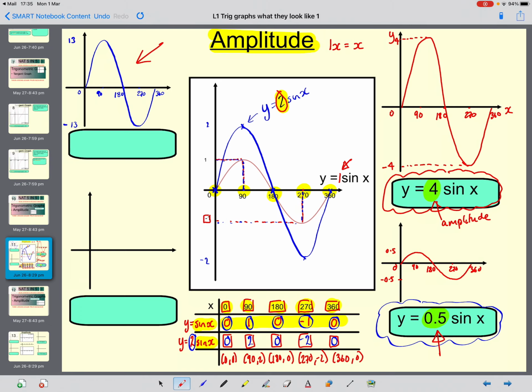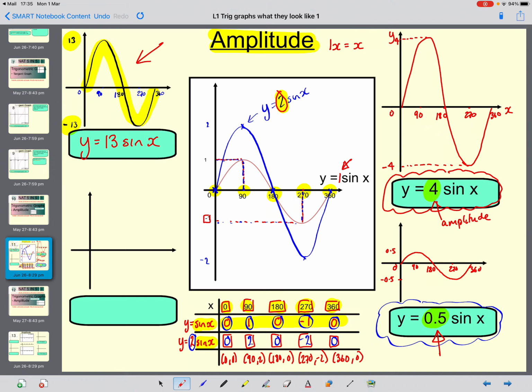So you can see that it has an amplitude. It goes up to 30 and down to -30, so that must be the amplitude. You can see that it's a sine graph. It still has a period of 360, so that is going to read y equals 30 sine x.